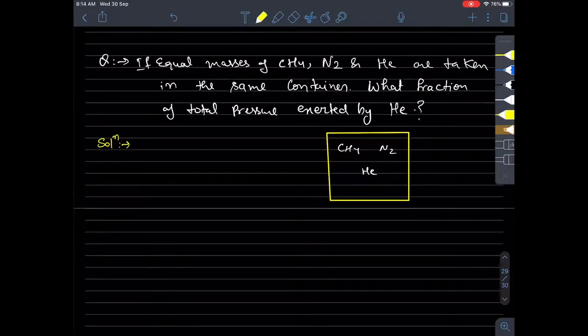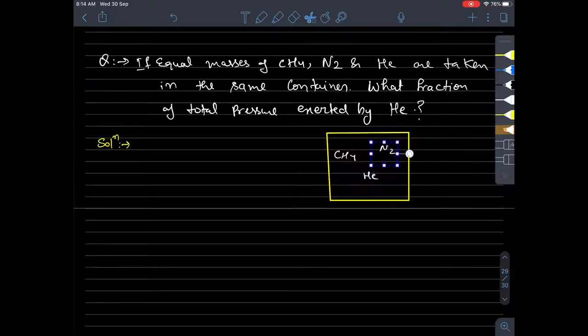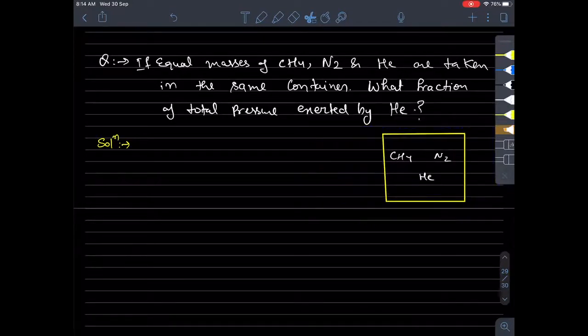So equal masses are there, guys, M, M, and M each. Now what will be the moles of CH4? M upon 16. Agree or not?